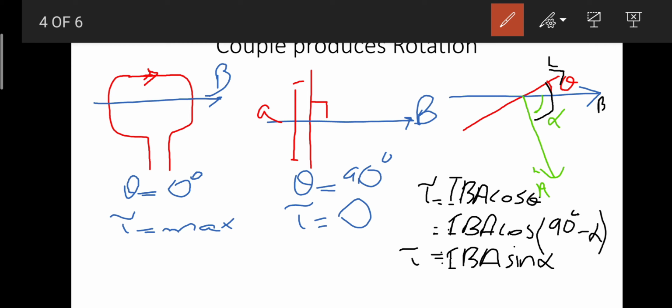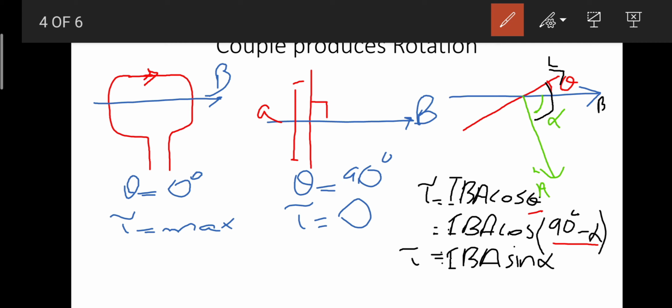So if I subtract alpha from 90 degrees, what is left is theta. So instead of theta, I write 90 degrees minus alpha, and cos of 90 degrees minus alpha comes out to be sine alpha.